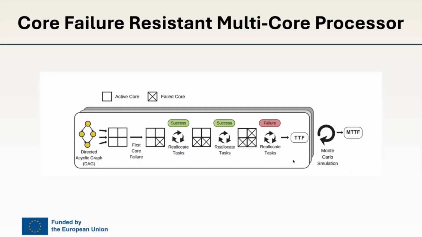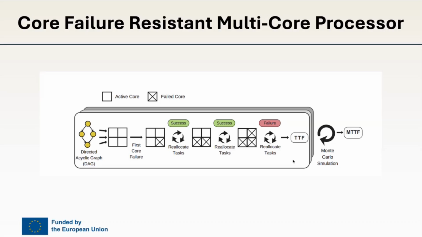So the idea behind core failure resistant multi-core is that the cores are allowed to fail. Generally, if a core fails at runtime for a normal multi-core processor, then the whole chip itself dies because the hardware and the firmware cannot handle a core not working properly.